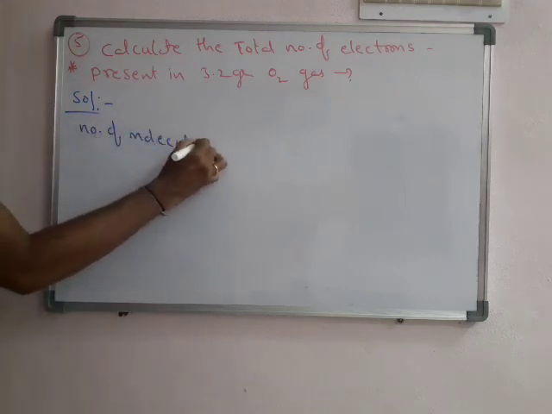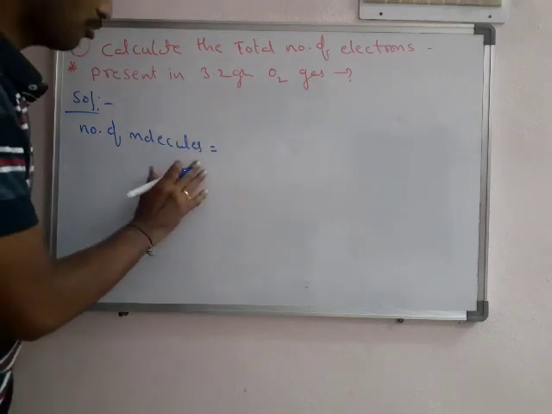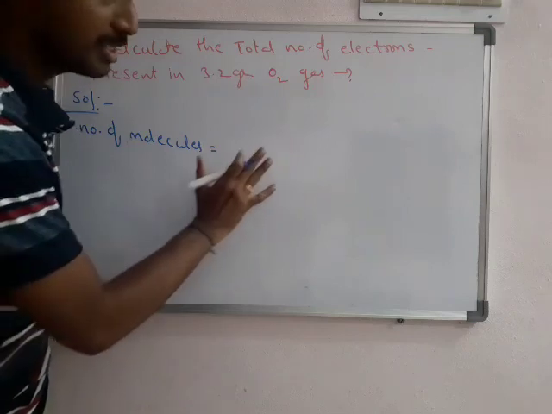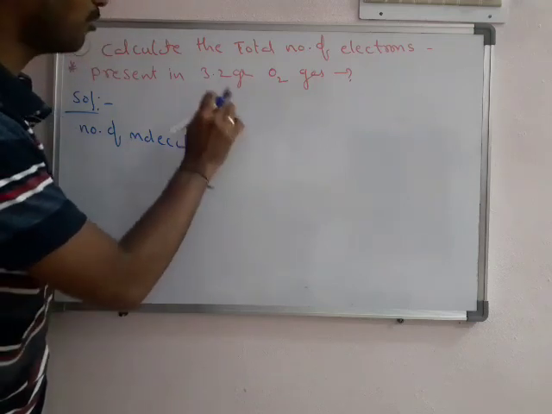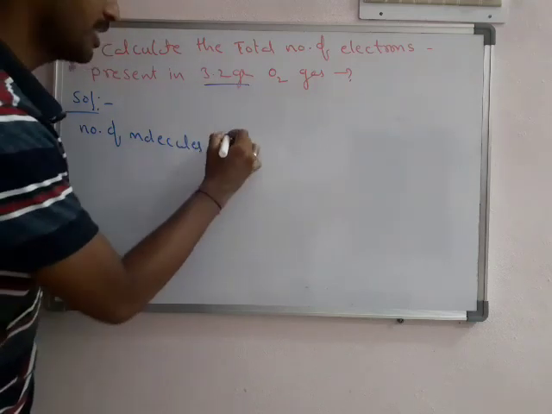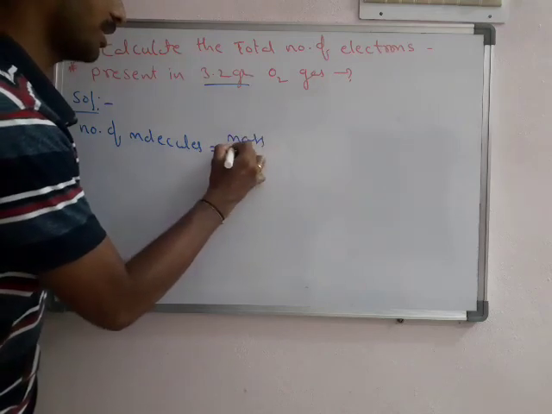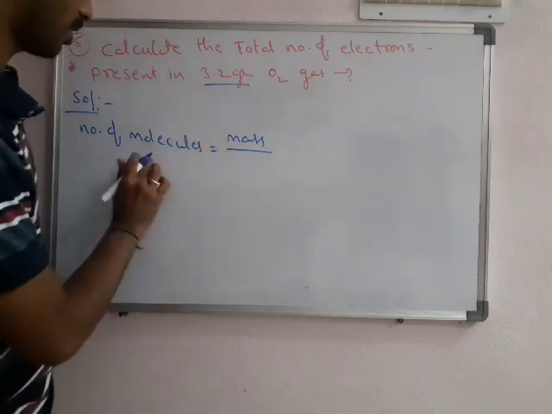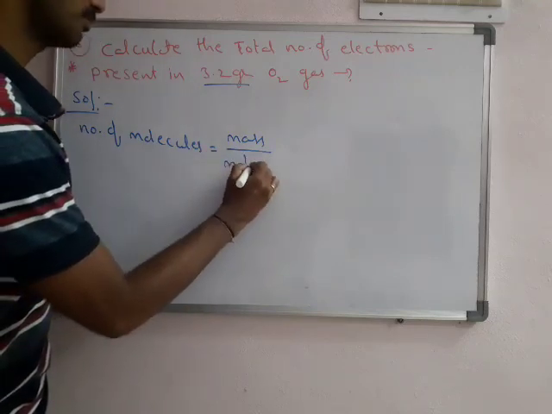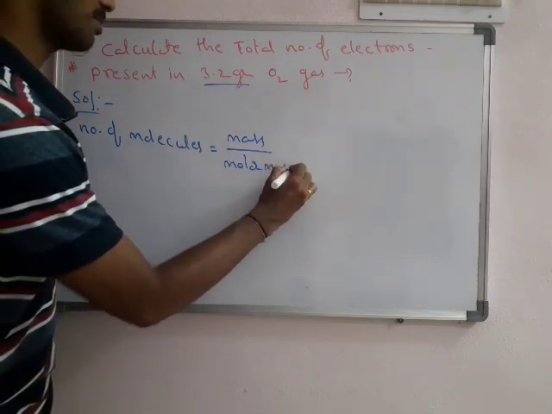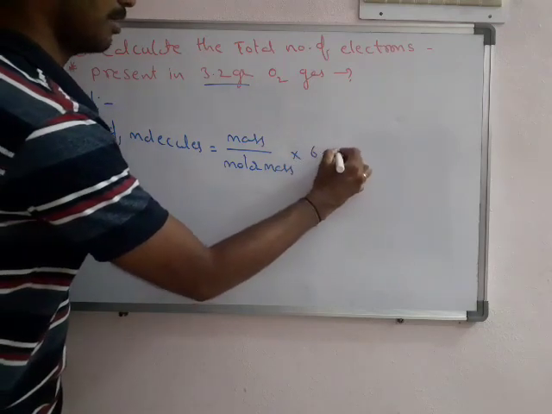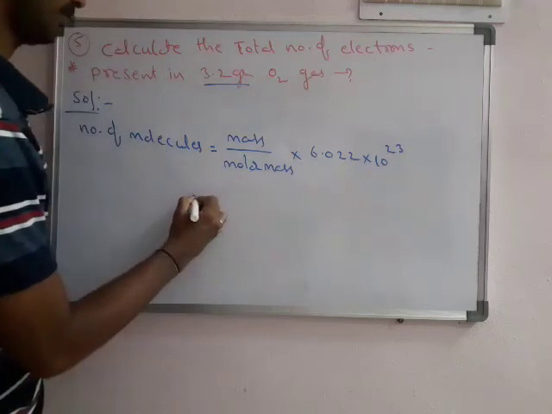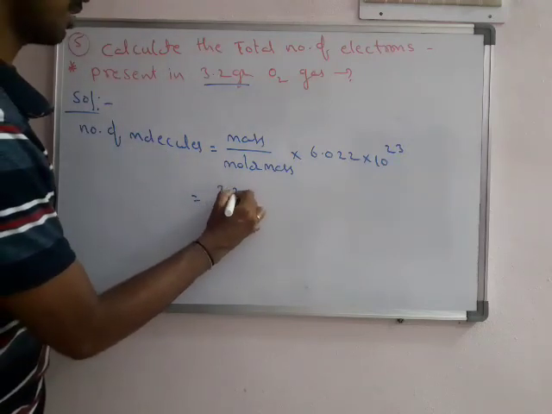The formula for the number of molecules is the number of moles into Avogadro number. We don't have the number of moles, but mass is given. So when mass is given, which formula? See the mole concept 1, we have all the formulas. Mass by molar mass into Avogadro number. How many molecules will you get now?